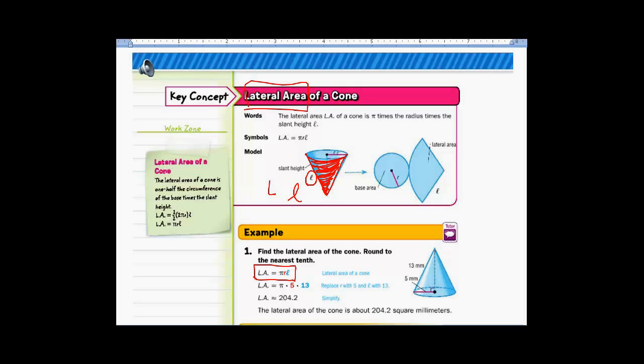Even if they were to give you this measurement right there, and who knows, on ISAP Park, they may do that to see if you know which measurement to use, that is not what you use. So you need pi, 3.14, times the radius, which is 5, times the slant height, which is 13.